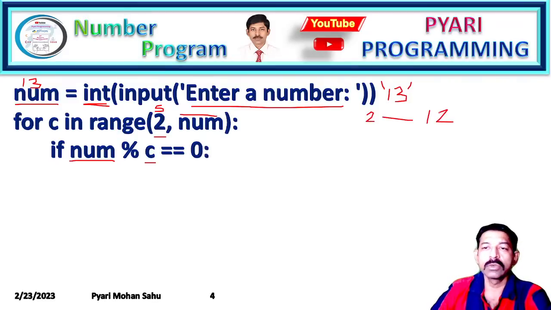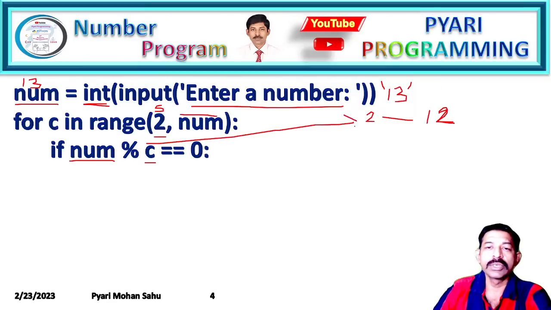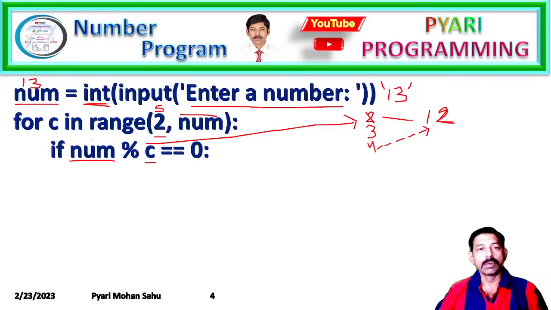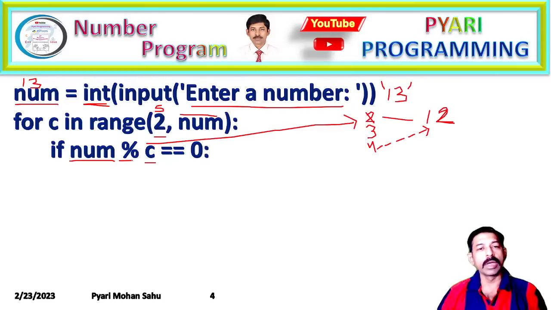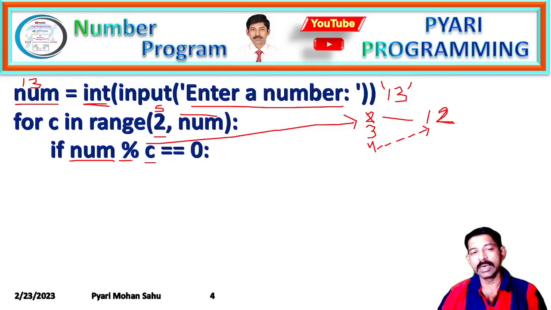First the C value will be 2, so it is checking whether it is divisible by 2 or not. Next time C will be 3, next time 4, next time 5. Like this, it will move up to 12. Now, why am I using modulo? Because I want to get the remainder. If the remainder is 0, then it is divisible.